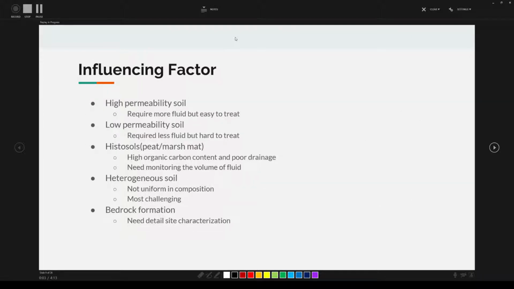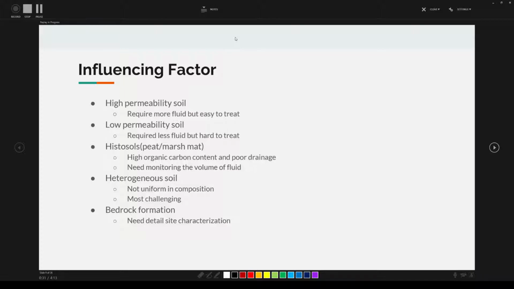Influencing factors are highly related to the soil properties, like the permeability and composition, and there are 5 influencing factors. The first one is high permeability soil. High permeability will allow the fluid to move quickly through the rocks. It requires a huge volume of fluid to go into the subsurface for effective contact with the contaminants.